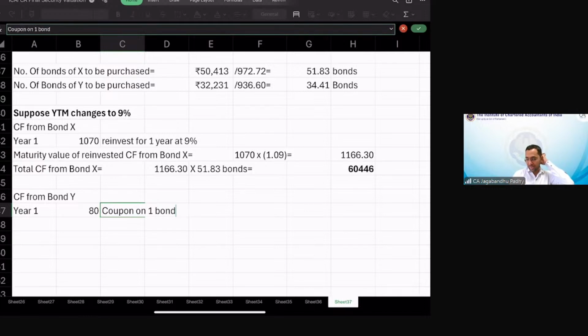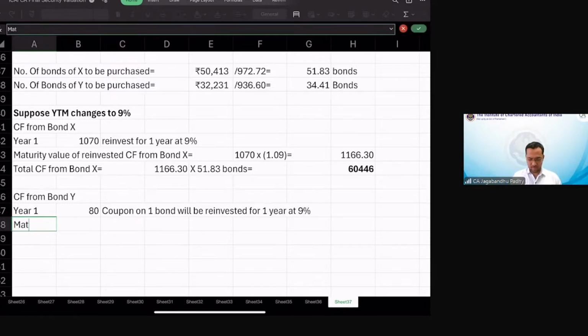But am I going to take away this 80 rupee coupon? No. Coupon on one bond will be reinvested for 1 year at the new YTM, a new rate, let's say it is 9%.